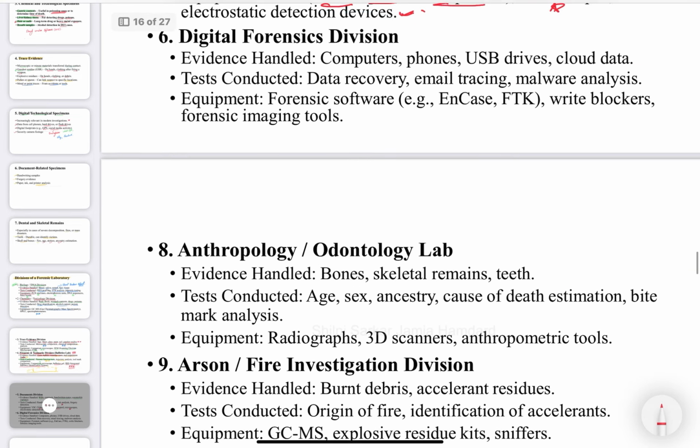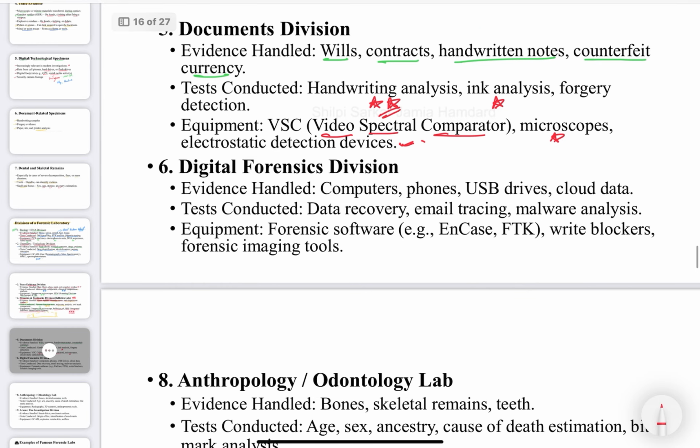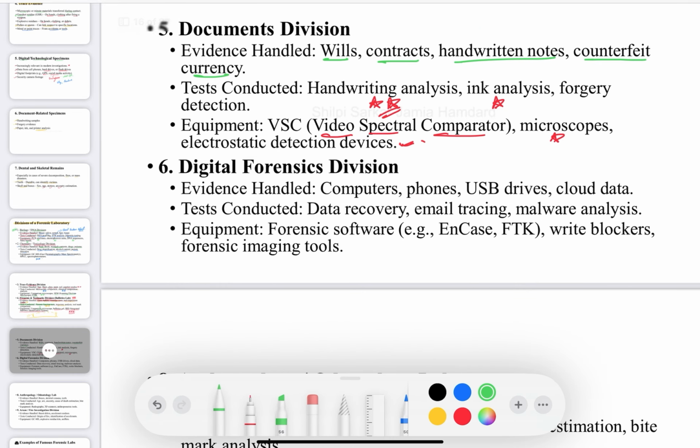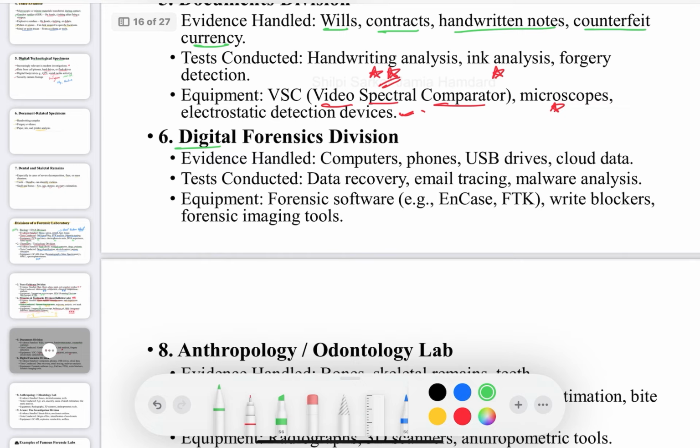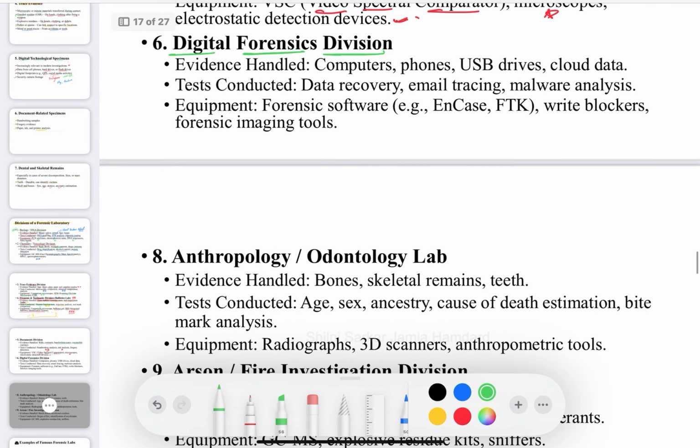Sixth one is the Digital Forensic Division. It is mainly useful for evidences like computers, phones, USB devices, and cloud data.